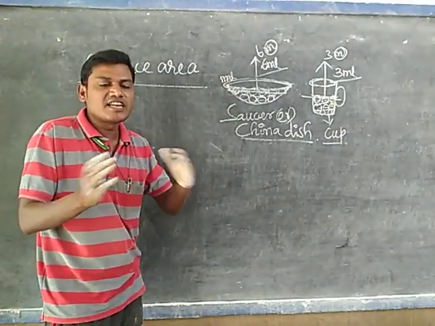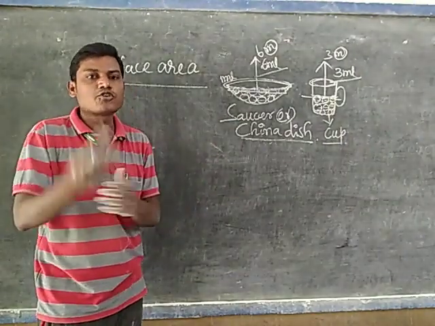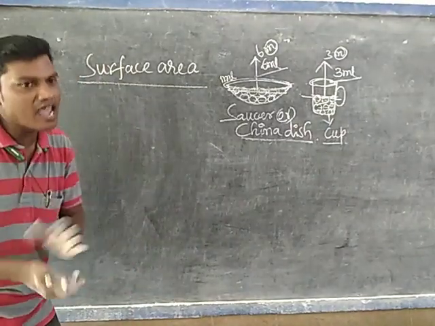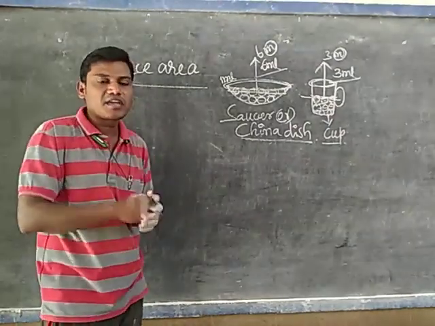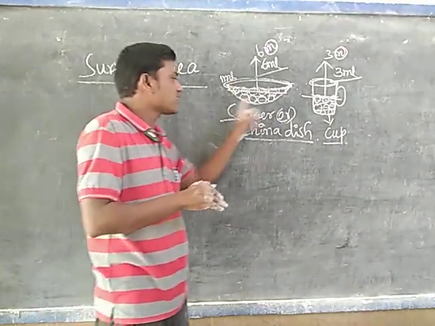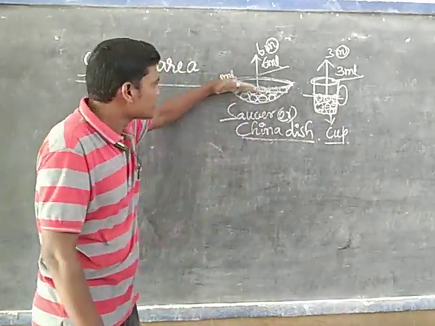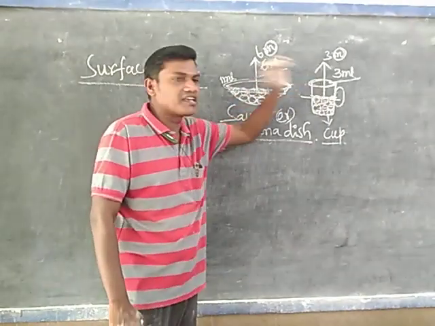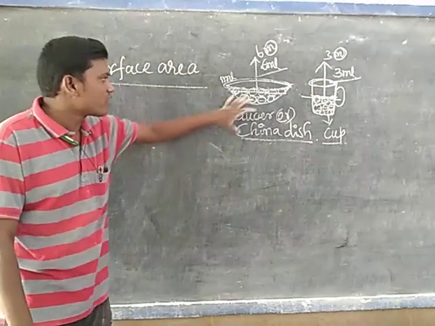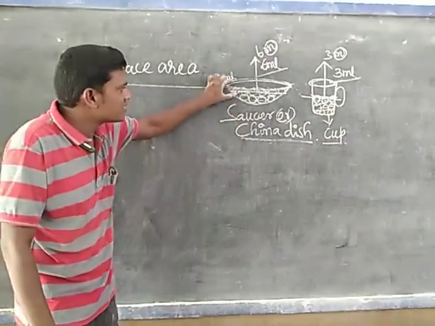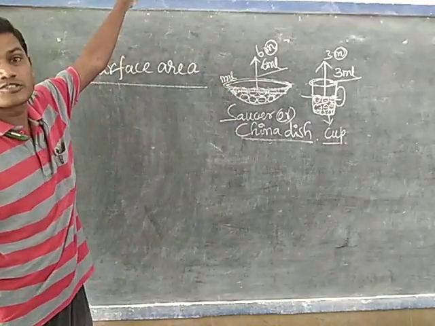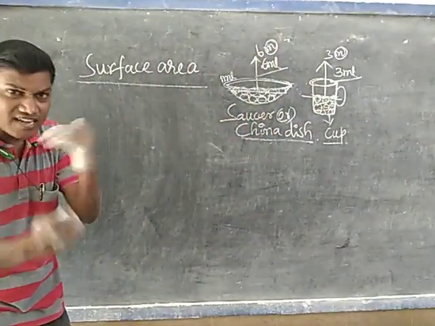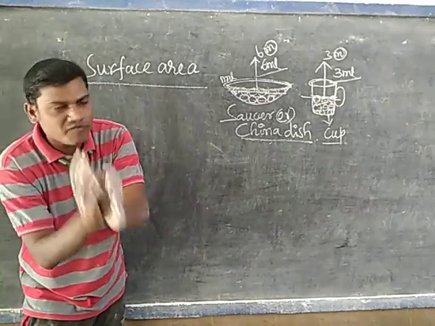After some time, as you wish, 1 hour or 2 hours, most probably 5 to 7 hours, you observe the level of the liquids in the saucer and china dish. We observe that more liquid has disappeared in the saucer and less liquid in the cup. So from this, surface area is more, evaporation is also more. If surface area is less, evaporation is also less. But what is the reason? For your understanding, I will explain.